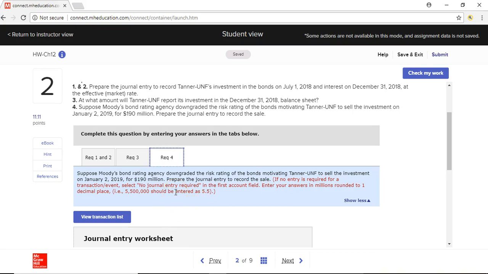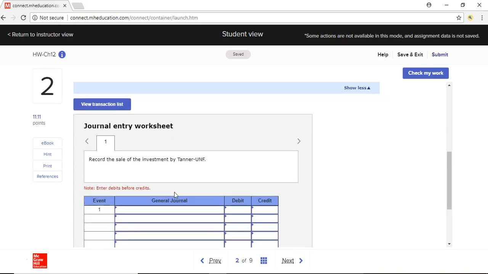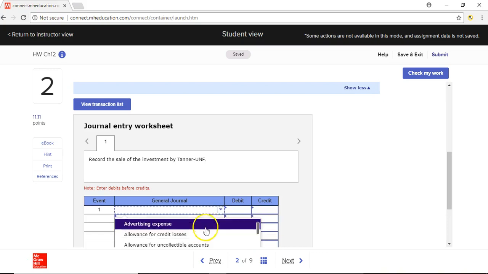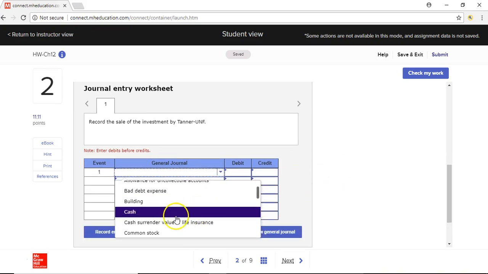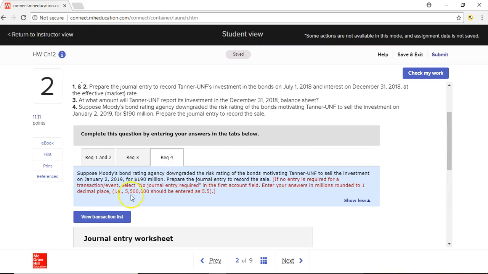This is a held-to-maturity security, so we simply mirror the entry of the issuer, and we learned early extinguishment of bonds in chapter 14. And I believe at that time, I also showed you the investor's journal entry. So we sold the investment, we received cash. And we sold it for $190 million.